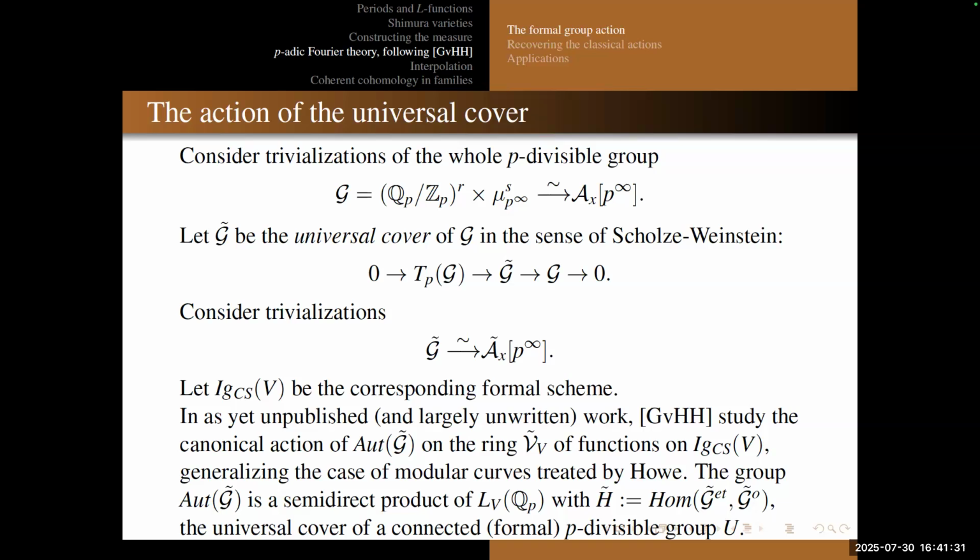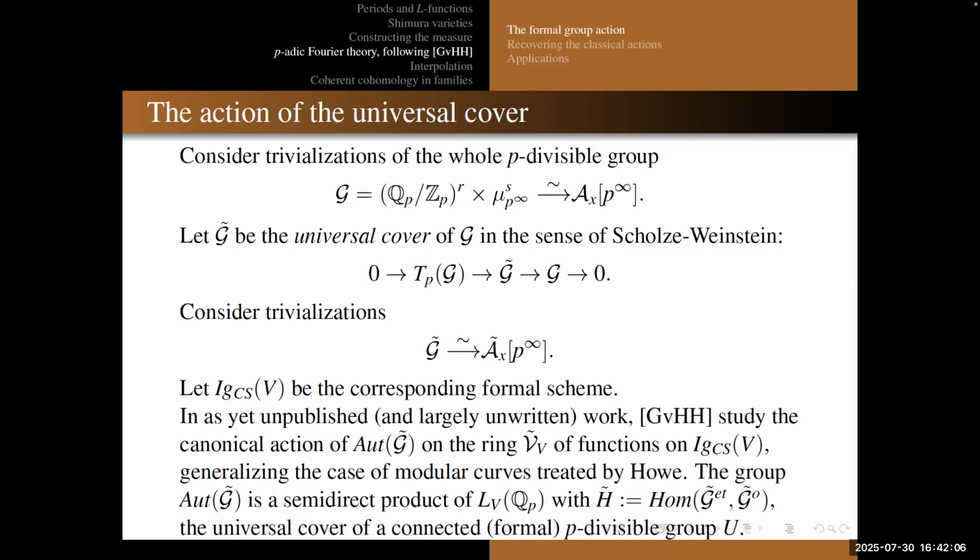In as yet unpublished and largely unwritten work, as I said, Graham, van Hoften, and Howe study the canonical action of the automorphisms of this universal cover, of the trivial p-divisible group, on the ring of functions on the big Igusa tower. This generalizes the case of modular curves that Sean treated previously, which has been written, though I think it hasn't been published yet.